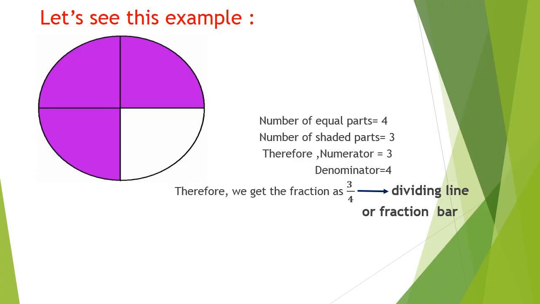Generally, we don't have any particular term for this line, but yes, we can say dividing line, we can say fraction bar, we can say upon, 3 upon 4. So these are the terms we generally use to denote this line.